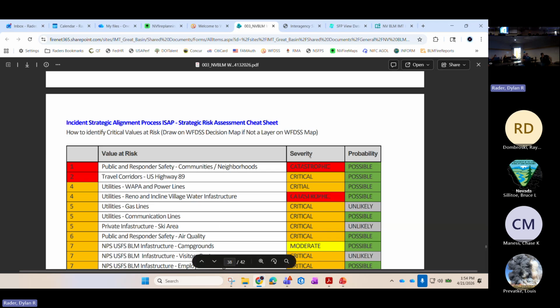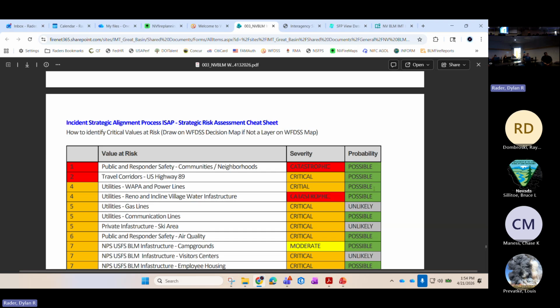And then the severity of the impact to a value at risk can be determined through FSPro modeling. Part of that FSPro modeling is basic fire behavior runs. So on a map, you can check where it falls within your FSPro band.